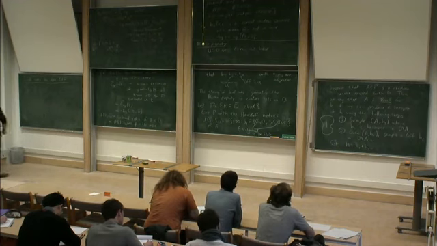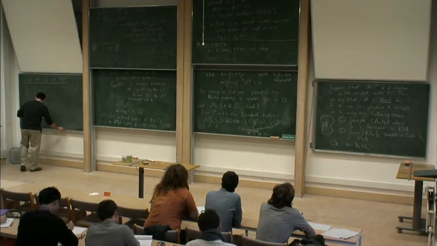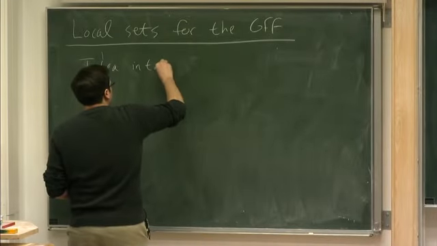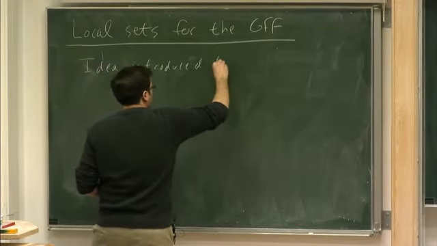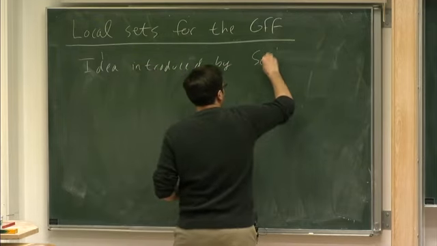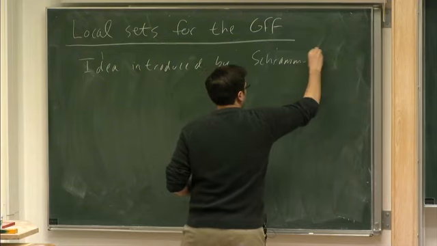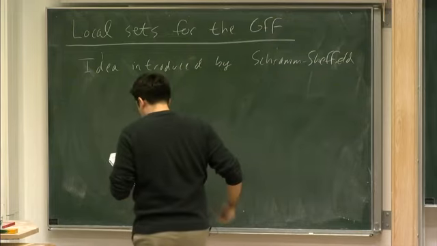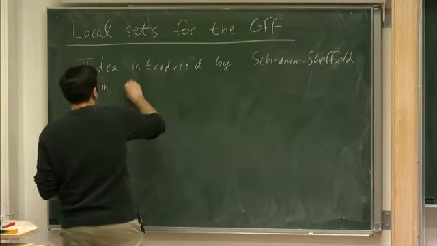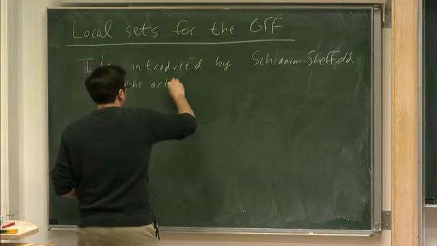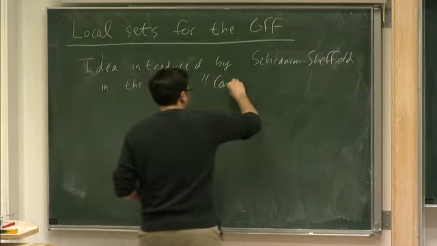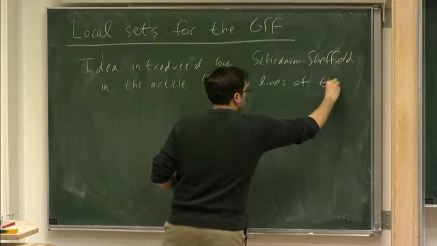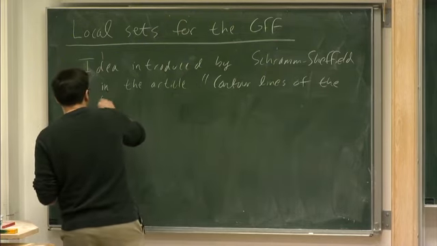This idea of local sets was first introduced by Schramm and Sheffield in their paper called the contour lines of the continuum Gaussian free field.